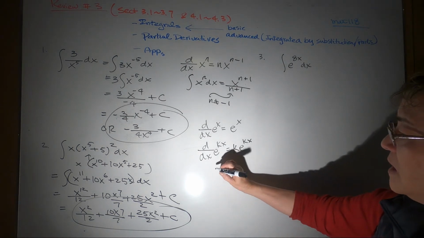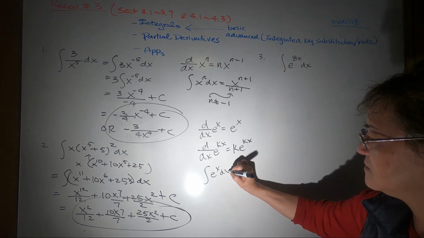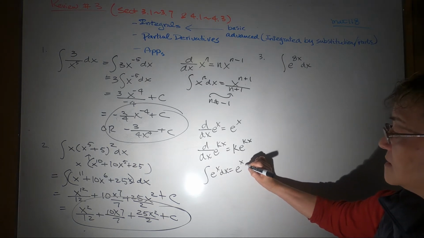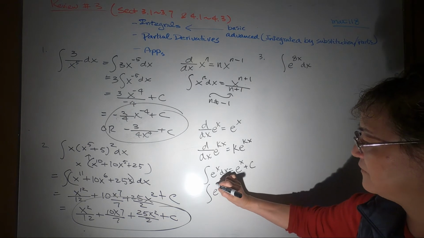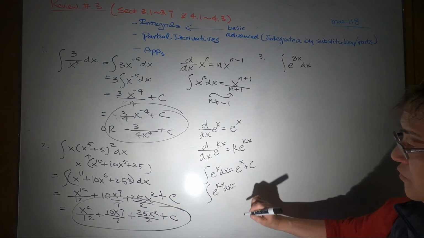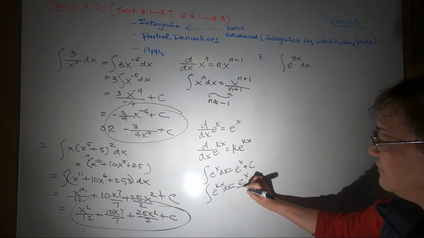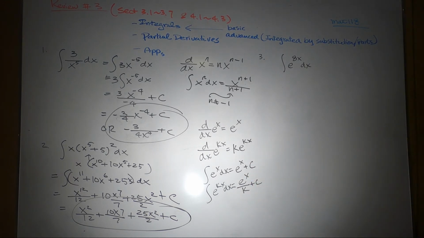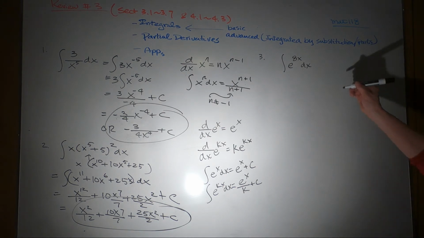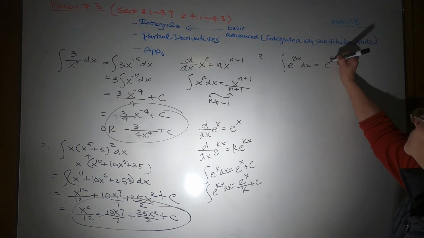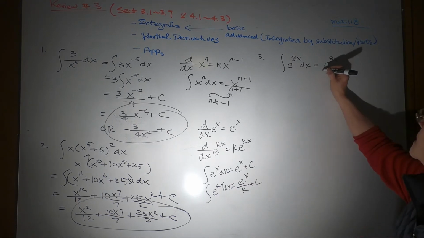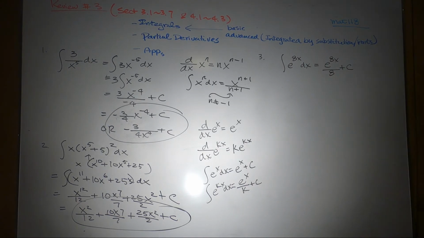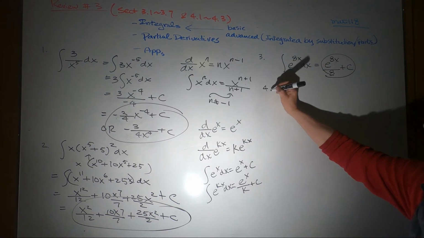Then if you have the integration of e^x dx, simple one, that would be just like this. Then if you have e^(kx) dx, you divide by k instead of multiply by k, right? The opposite of the derivative is integration. So this is a simple one. We just follow the rule: e^(8x) divided by 8 plus c, right? So that would be your answer.